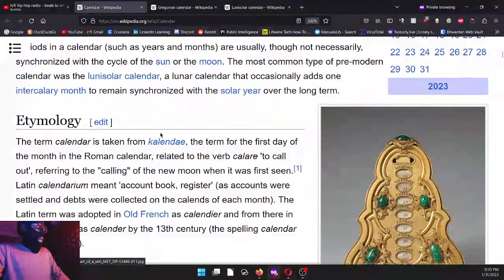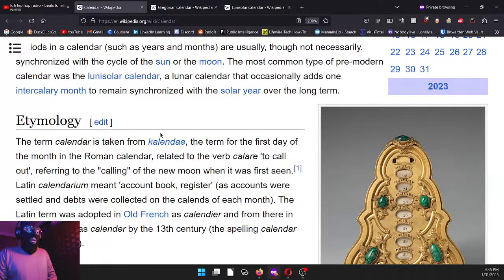Now you have etymology. The term calendar is taken from calenda, the term for the first day of the month in the Roman calendar, related to the verb calare, to call out, referring to the calling of the new moon when it was first seen. Latin calendarium meant account book, register, as accounts were settled and debts were collected on the calends of each month.